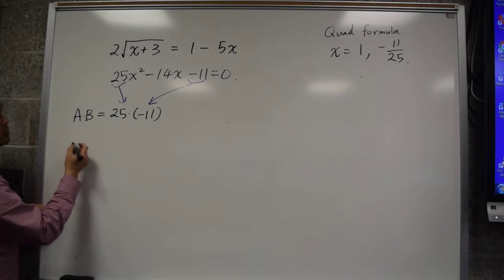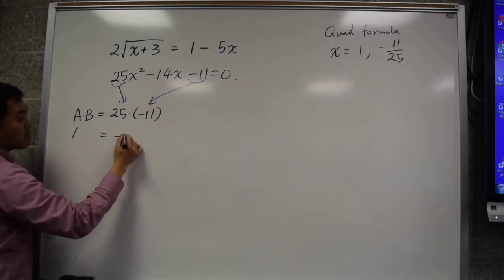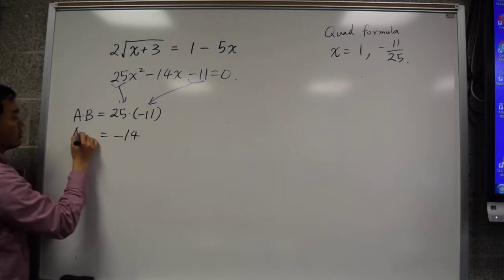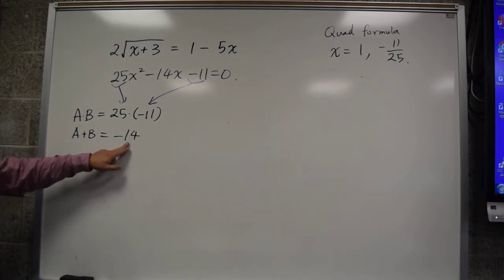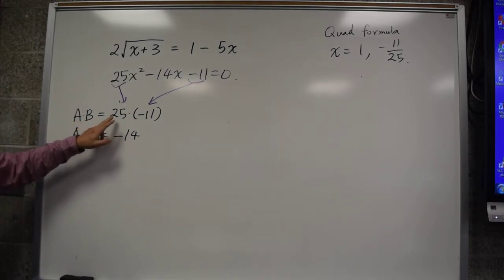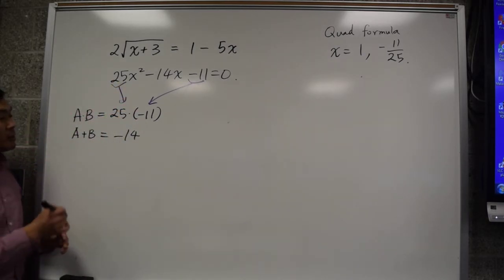And then think about the middle number. The middle number comes here. And you think about two numbers that add to negative 14 and multiply to the first times the last. Okay. Can you think of one?